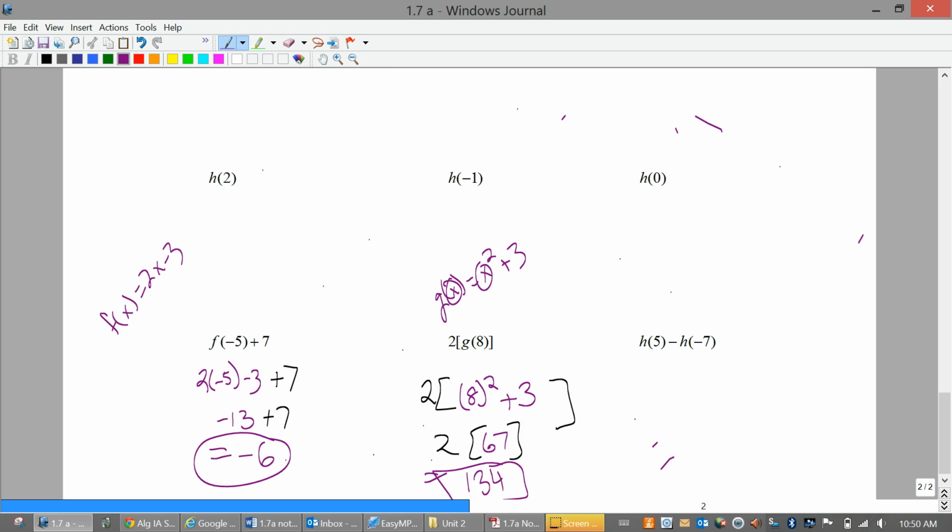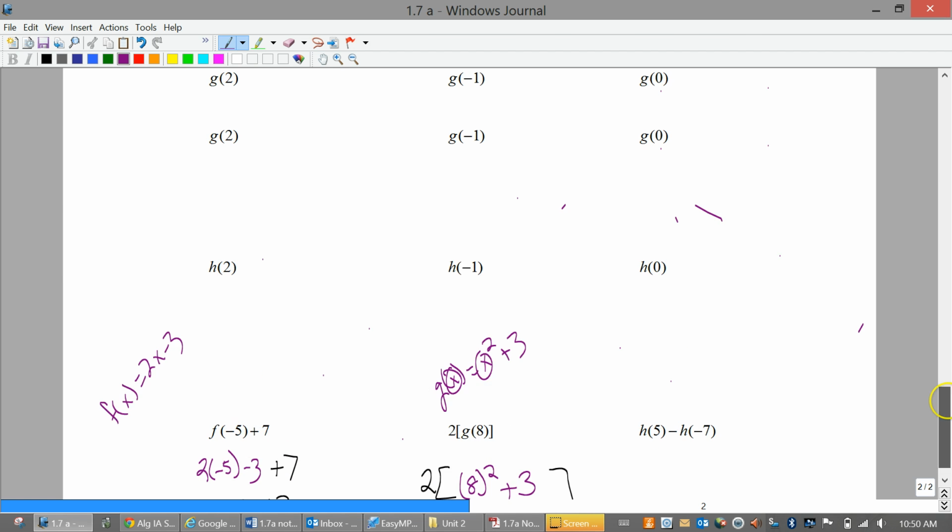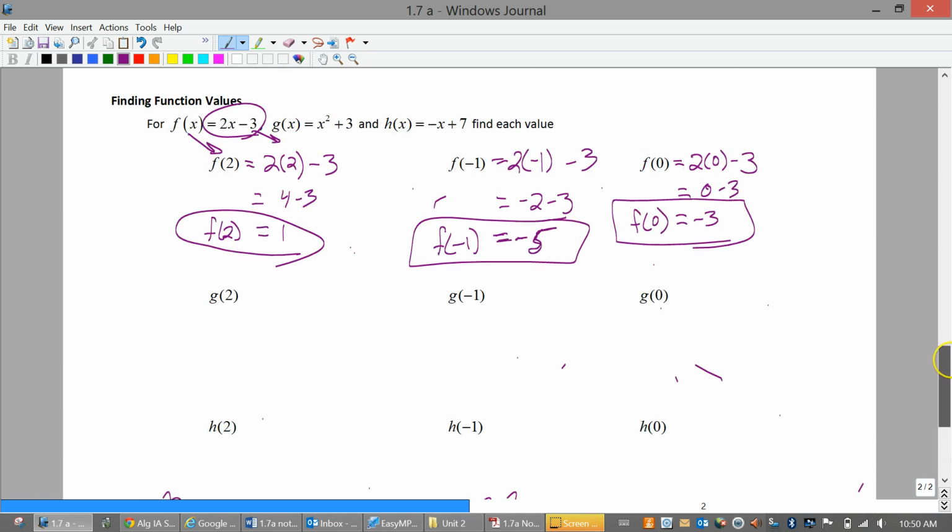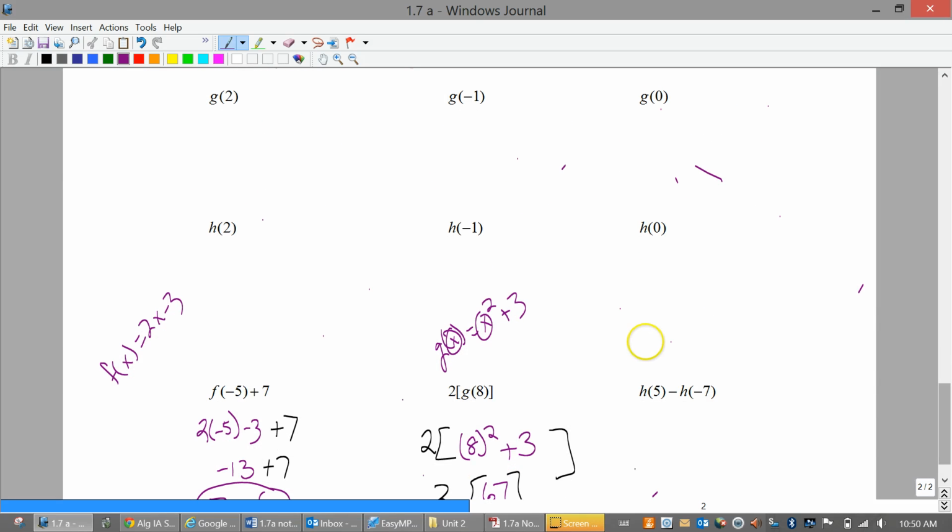Okay, on the last one, we're talking about function machine H, which is going to be -x plus 7. Function machine H of x is going to be -x plus 7. On the first step, we're saying use function machine on 5, figure out what that is, then subtract from it what the function does to -7.